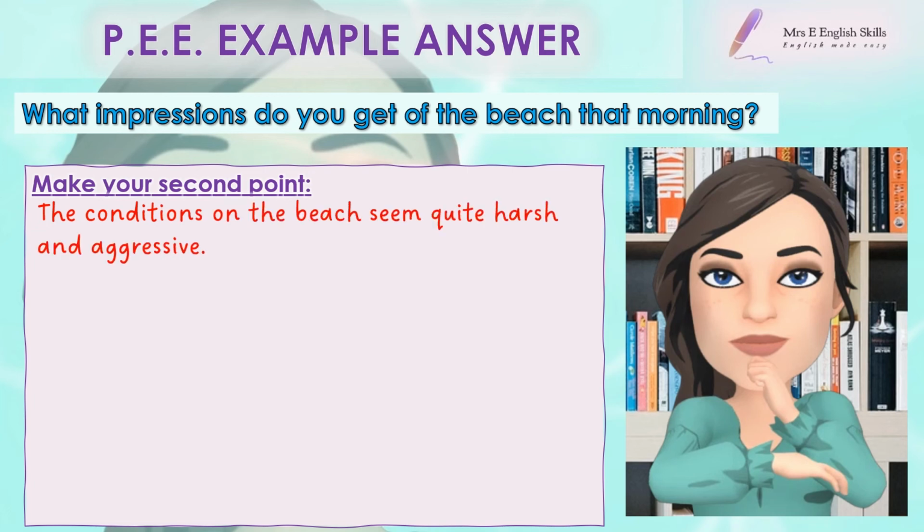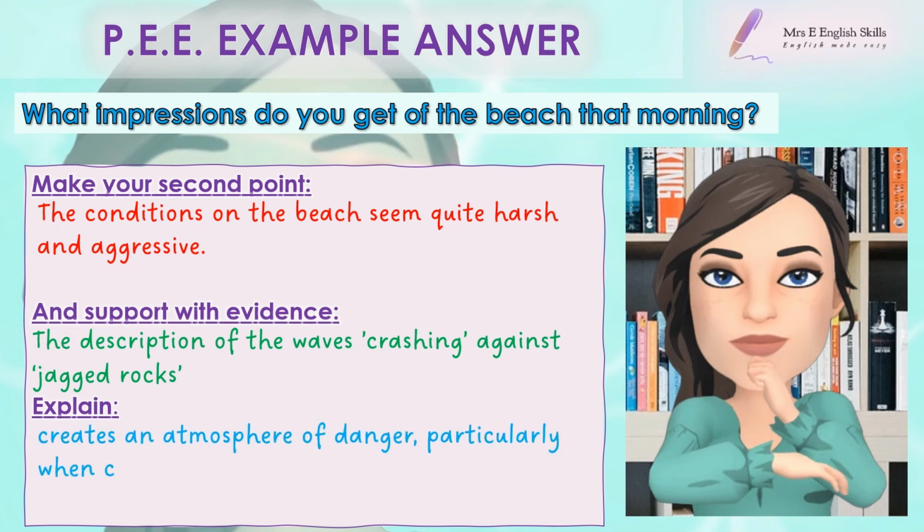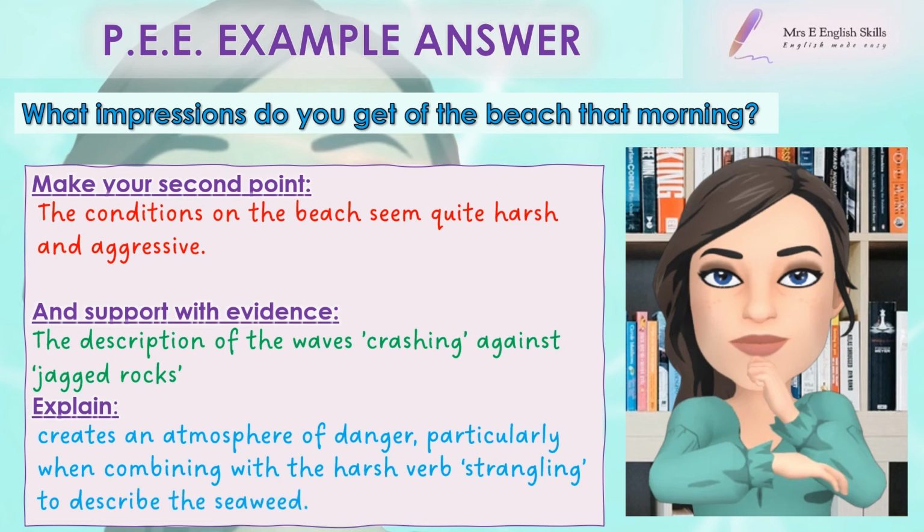So mine is the conditions on the beach seem quite harsh and aggressive. Then add the supporting evidence, the description of the waves crashing against the jagged rocks. Then add explain. Creates an atmosphere of danger, particularly when combining with the harsh verb strangling to describe the seaweed.